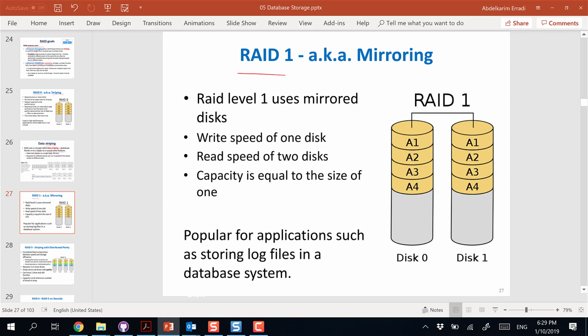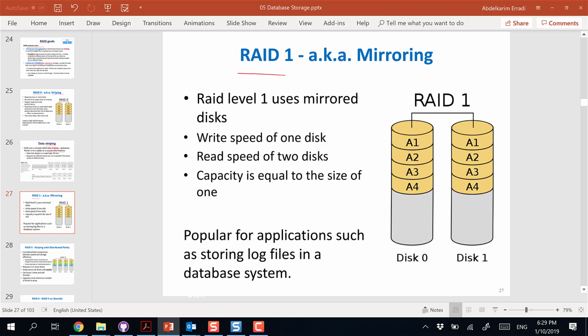What is the capacity of the disk array? It is the capacity of the disk with the lowest capacity. If they are the same, you basically have the capacity of 1 disk, because you are mirroring.